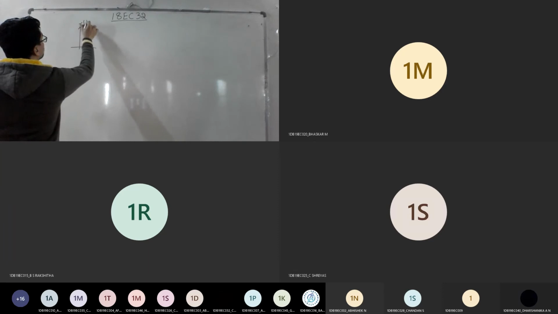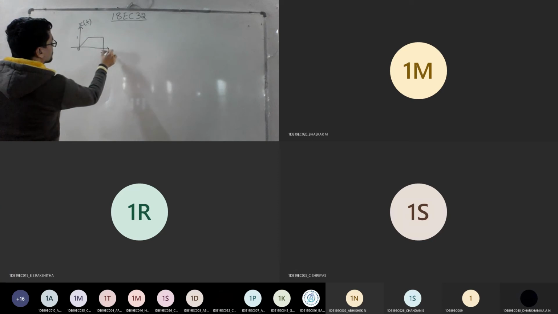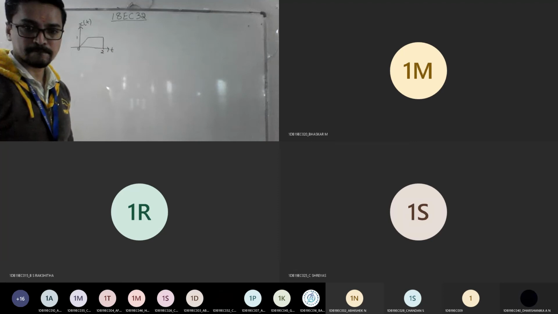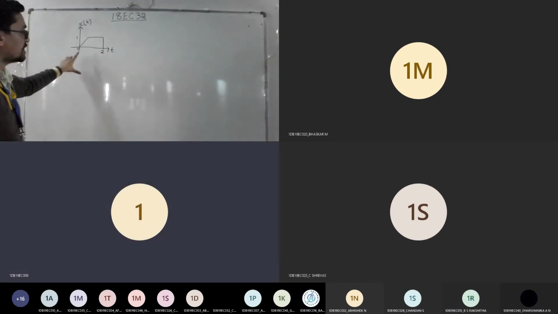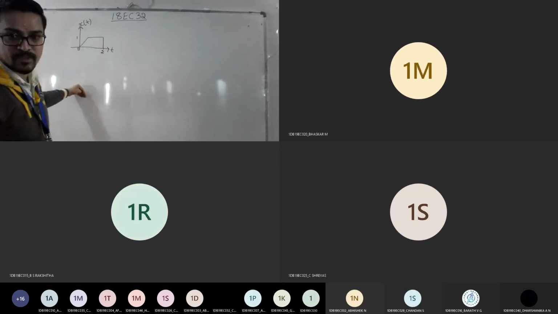Assume that this is your x of t, the given signal. I can take the signal however I want, so 0, 1, 2. Is it visible what I'm writing? Whenever they ask for any waveform sketching, make sure you write the signals one below the other.